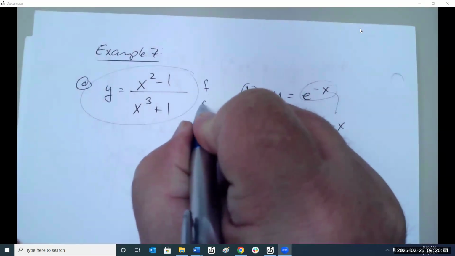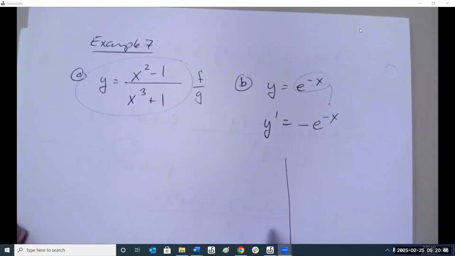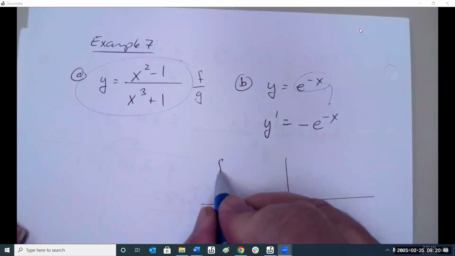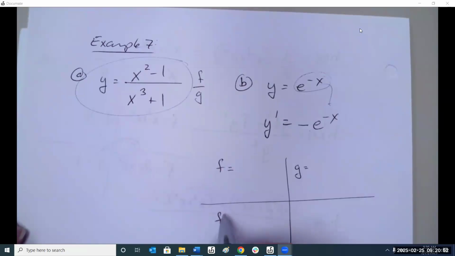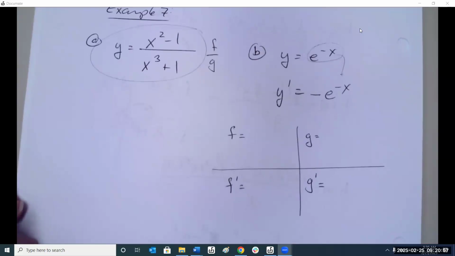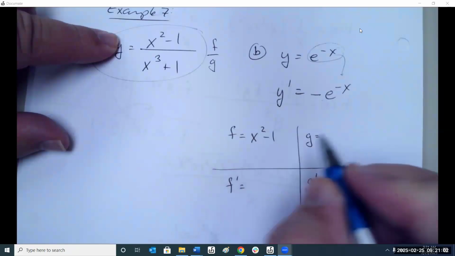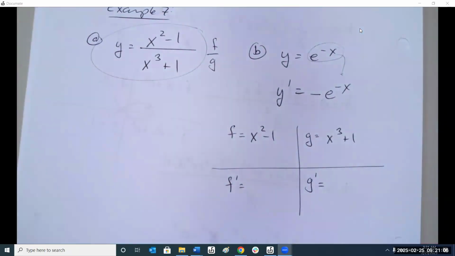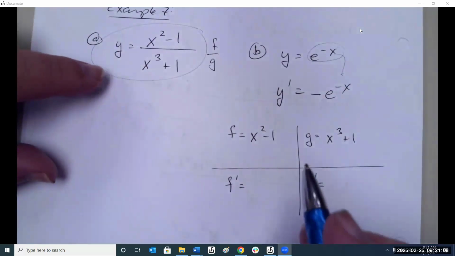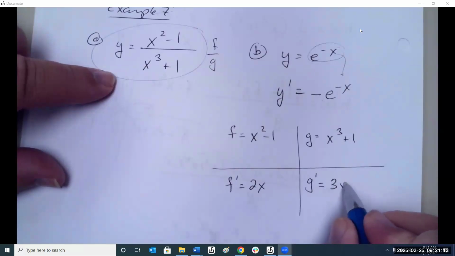This is f, and that's g. So the f function is x squared minus 1. G is x cubed plus 1. Find the derivatives. So it's 2x, 3x squared.